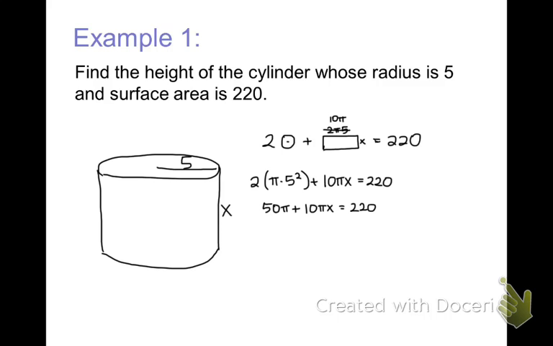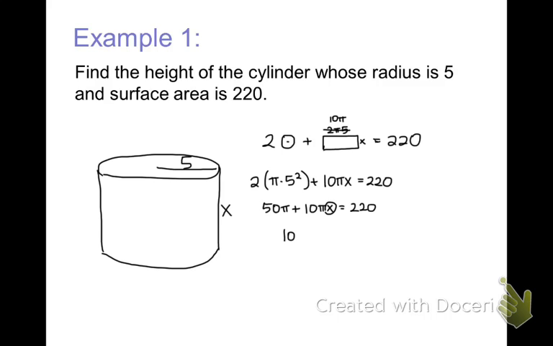What do you think is a common mistake here? People want to add these to be 60 pi x. Why can't I add these together? One has an x, one does not. That is the most common mistake. We can't add those, so in order to isolate x, I'm going to have to move the 50 pi to the other side since it can't be combined.